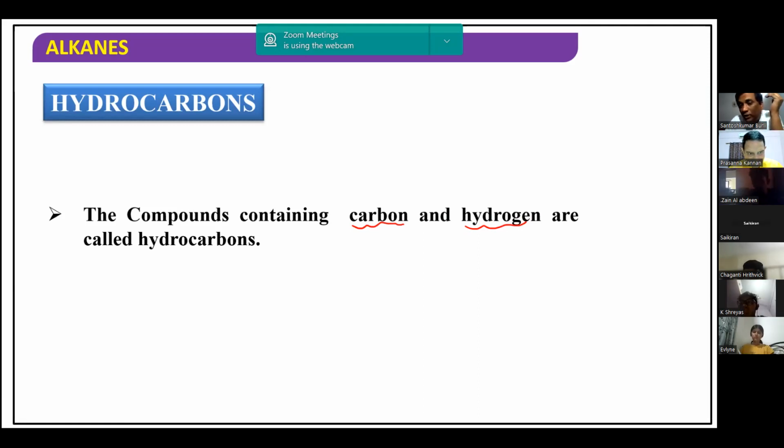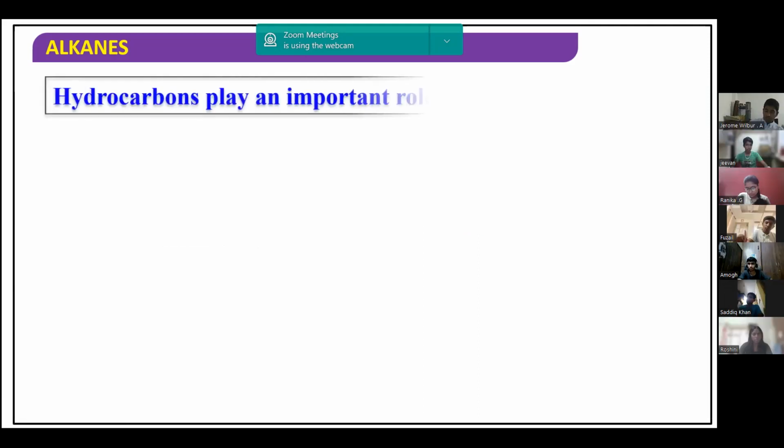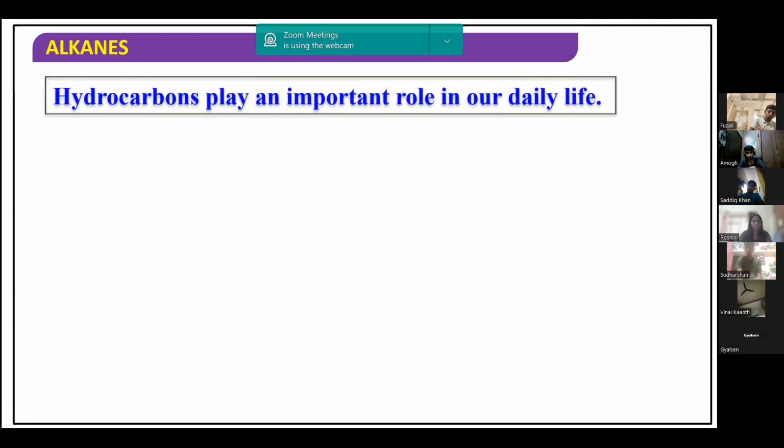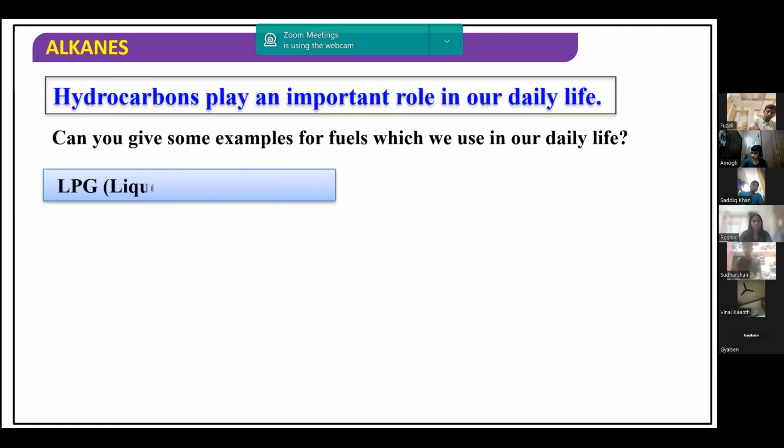Why do we need to study these hydrocarbons? They have a lot of applications in our daily life. Some important applications I am giving you here. One application is as fuels.